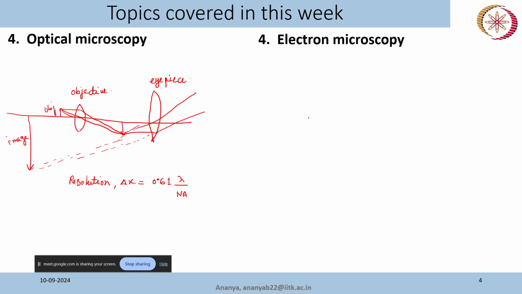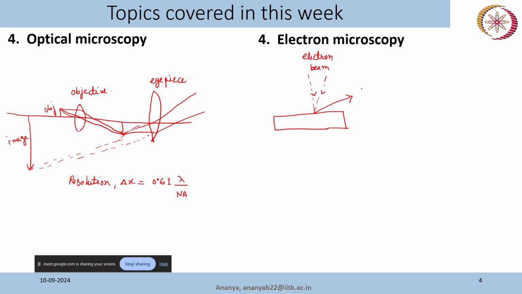Basically, when a wave of electrons or an electron beam interacts with a sample, what happens is that, say this is your sample, and the electron beam is coming from the top, then various phenomena can happen.